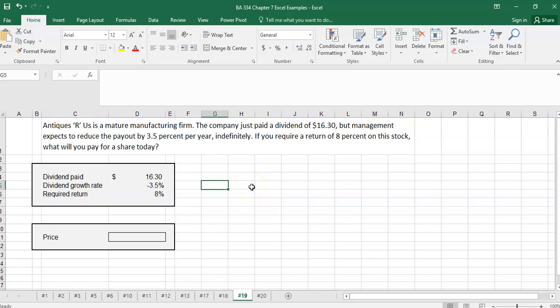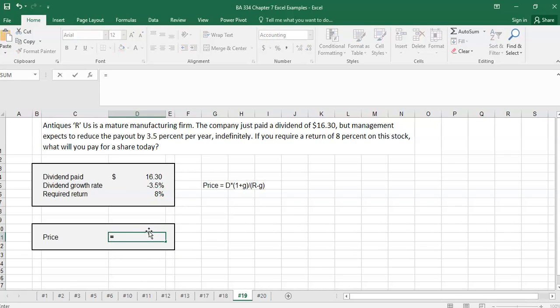So if you remember, that is price equals the most recent paid dividend times 1 plus the growth rate divided by the required return minus the growth rate. What we just have to do is reflect in our formula that that dividend growth rate is a negative amount. So if we were writing it out in math, we would make sure that we put a negative number in front of the 3.5 like we do have it in the Excel formula here.